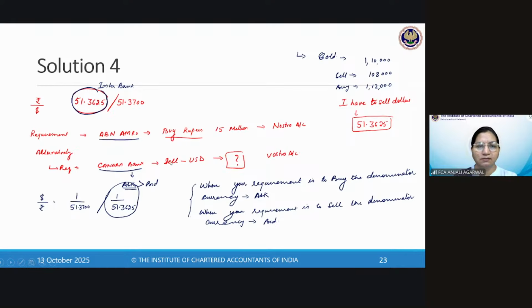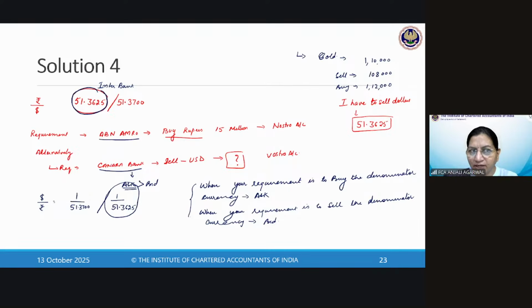So how can Canara Bank want to have rupees against dollar, because ABN AMRO Bank is saying that fund my Nostro account with the rupees. They don't have it. And how did ABN AMRO fulfill their requirement? Through dollars.